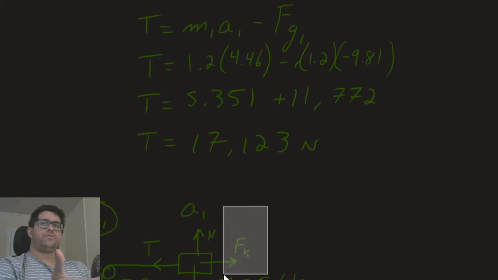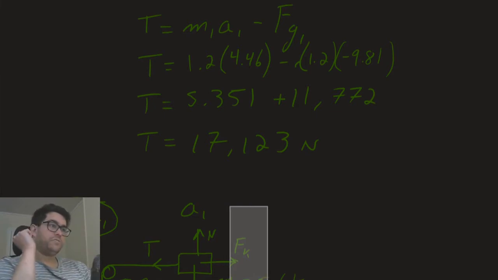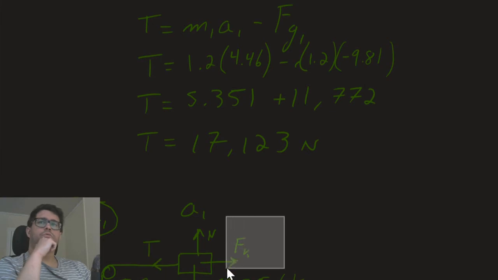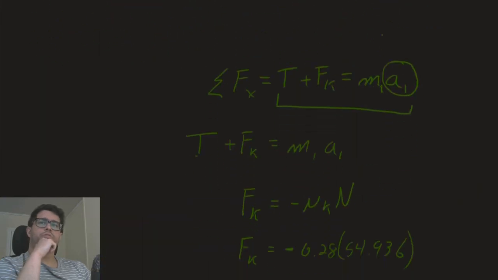If you look at this vector, fk is pointing positively. So fk is a positive value, and T, which is a tension, would be the negative value. So let's write that. So fk should be positive.